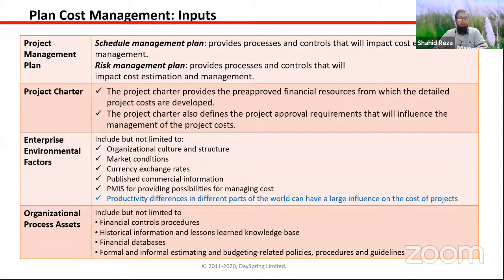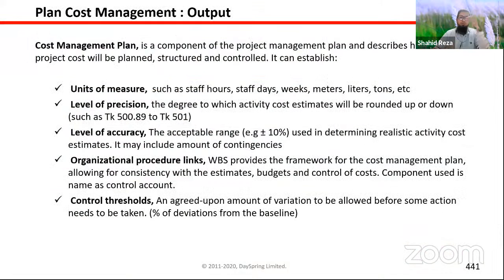Okay, so let's see what is the output of cost management. The output is the cost management plan, and what will be the content of the cost management plan? Unit of measures. That means what will be the currency and the resources we will be using in the project. Say we are using staff or people resources.